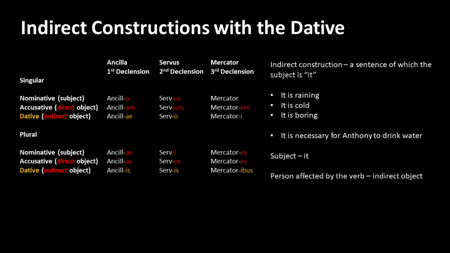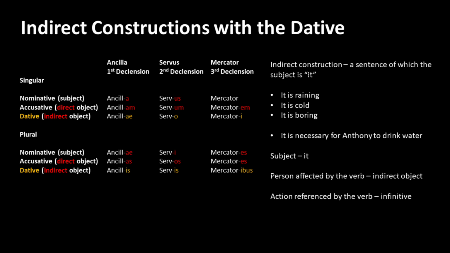To show that he is an indirect object in Latin, of course, you use the dative case, but I'll come to that. The action referenced by the verb is the infinitive to drink, and depending from this infinitive is the further object water. There it is. It is necessary for Anthony to drink water.